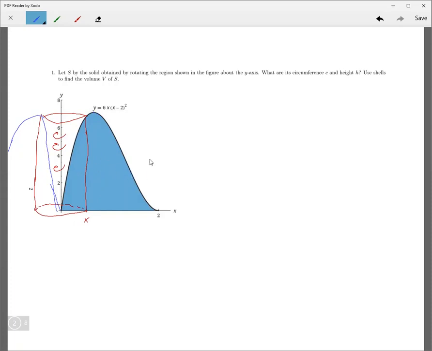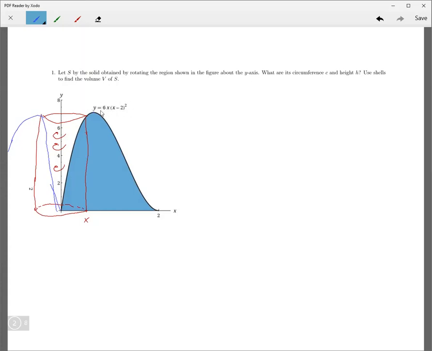Okay. And there is a part in the question that asks to explain why it is difficult to use the washer method to find the volume V of S. You can put whatever you want in there. Doesn't matter. You could say it's hard to solve for the right and left intervals using this equation here.